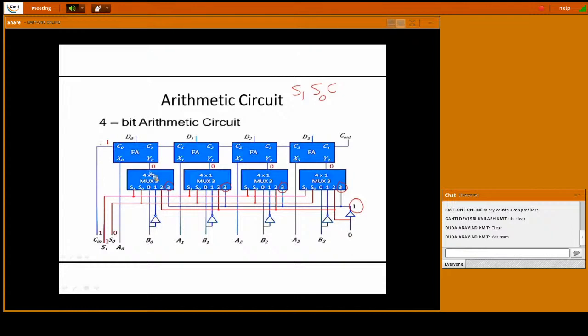The register bits should be provided as input as it implements arithmetic micro operations. In case of addition operation, you require a carry value, so the carry input Cin should also be given as a third input to the arithmetic circuit.